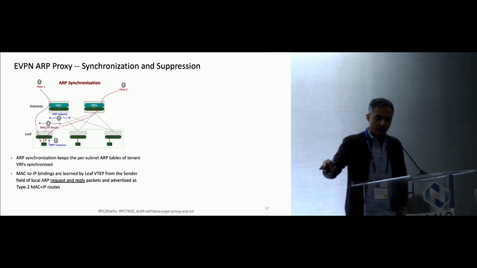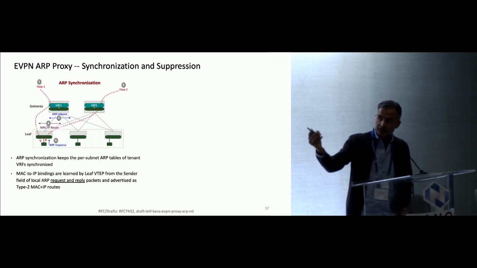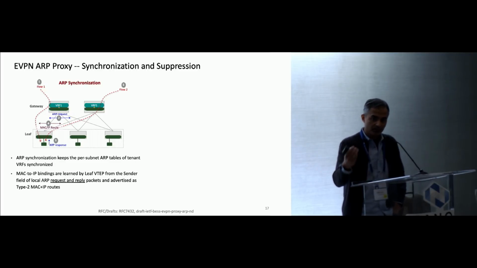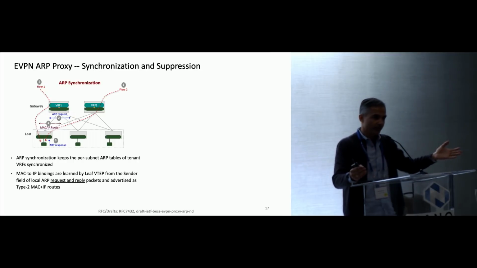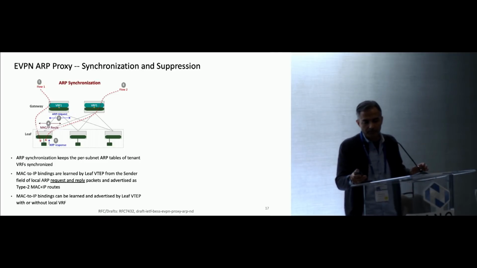All the VTEPs participating in a subnet store that MAC IP binding in a MAC IP binding table. Any integrated gateways like the ones at the top take those bindings and install them in their ARP tables. And if you have two integrated gateways, they're both getting their ARP tables updated at the same time. If you have four, all four, 8, all 8, and so on. So they're all getting synchronized at the same time.